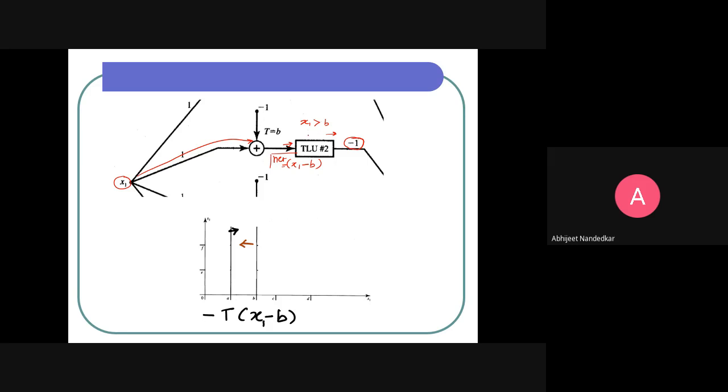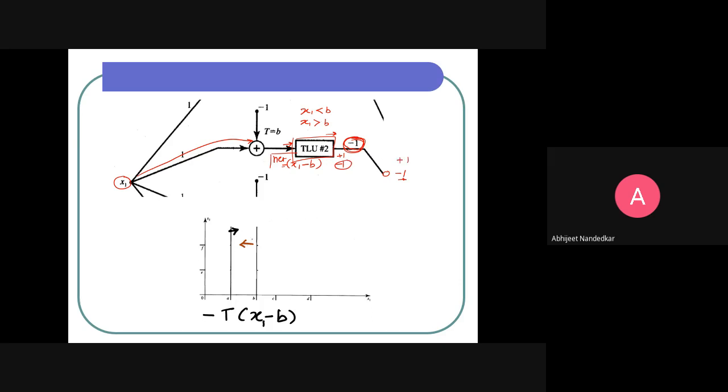So whenever you are more than b, your output is +1 here, but it will get multiplied with -1, so in fact it will produce -1 as output. That means if your x1 is less than b, then this neuron is not fired. It will produce -1, and -1 multiplied by -1 will produce +1.